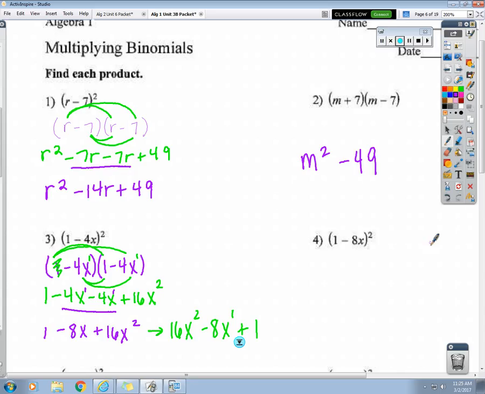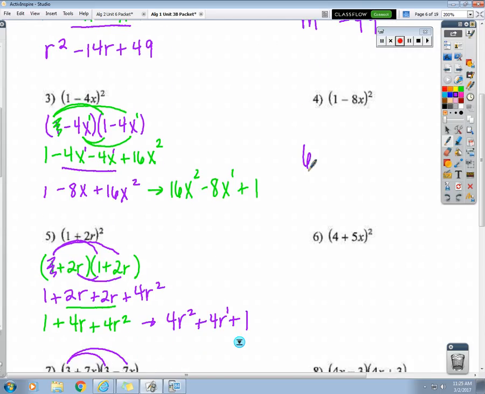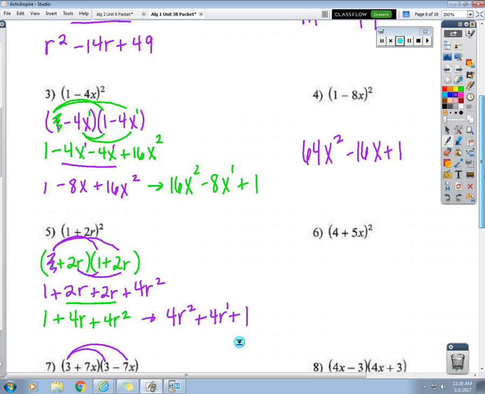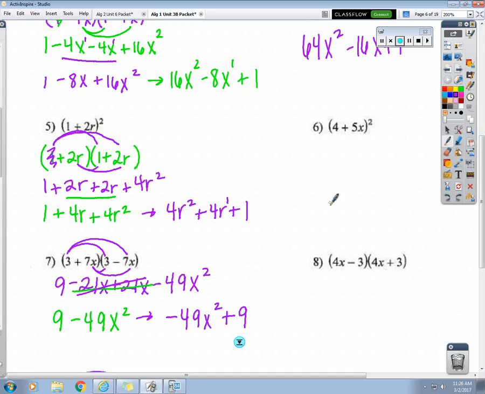That's what you should have got for number 2. Number 4. Alright, what's the answer? Well, I wrote it in standard form. Yes. Okay, number 6.